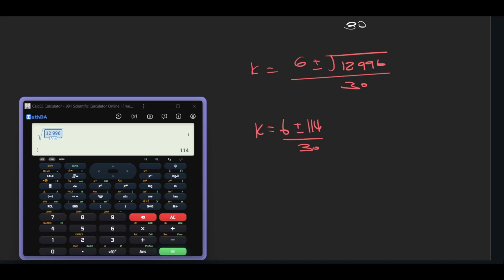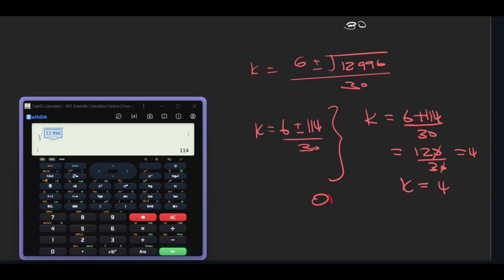Now from here you can see that k can either be 6 plus 114 over 30, which is going to be 120 over 30. If the two zeros cancel, k is going to become 4. So k is equal to 4. Or the other version is k equal to 6 minus 114 all over 30.